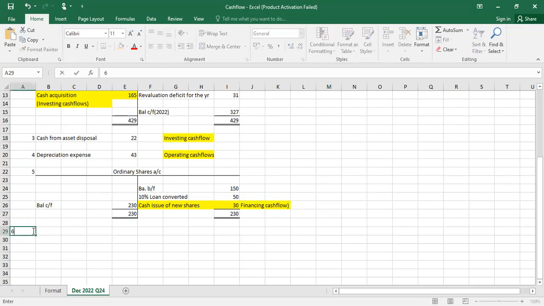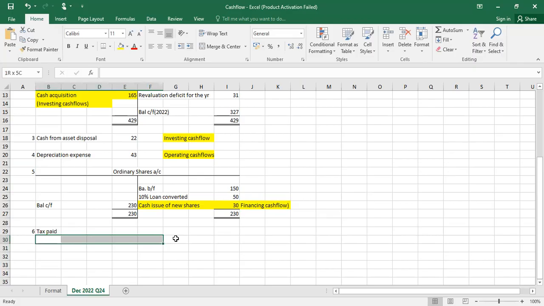So that number six, let's compute the taxation paid, or the tax paid.